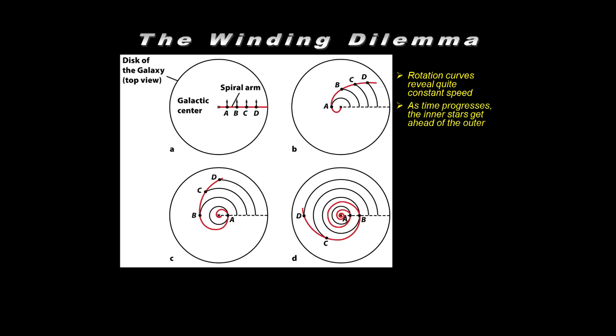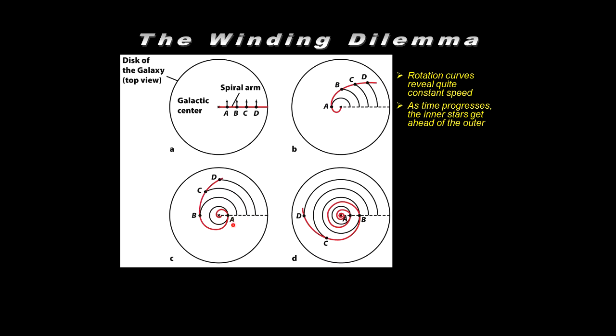And it's a situation that as time progresses, the inner stars, like A here, compared to B, C, and D, that inner star, if it's going the same speed as the outer stars, should orbit quicker. In other words, it should be not in speed, but in period. So as it does a half an orbit, these outer stars haven't gone as far around their orbit.